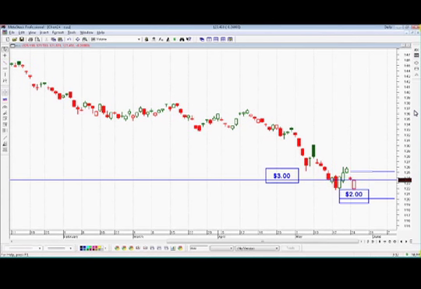Okay, so TJ is asking, is it tougher to get out of spreads quickly with a profit before expiration? So TJ, I'm just going to answer this with my opinion. It does depend on how liquid the underlying is, as well as the options that you're trading.